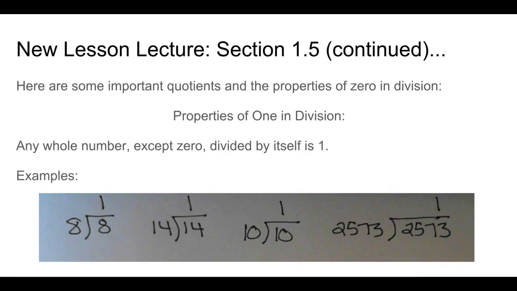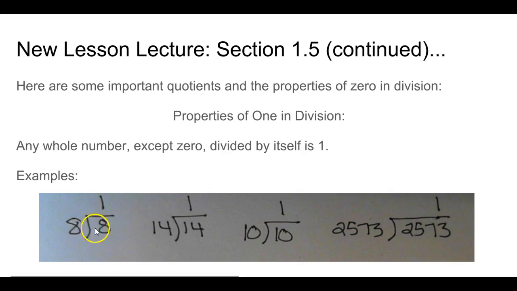So the first property of 1 in division states that any whole number except 0 divided by itself is 1. So let's just look at the examples here, and that'll make sense. If I take 8 and I divide it by 8, the answer will always be 1.